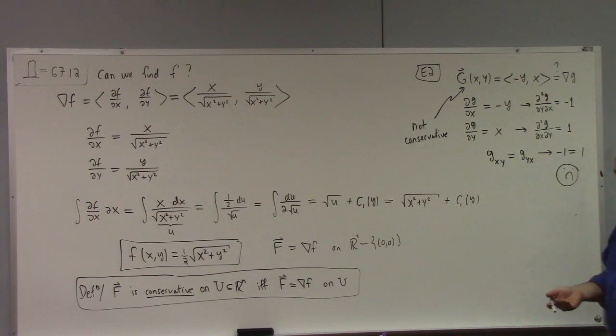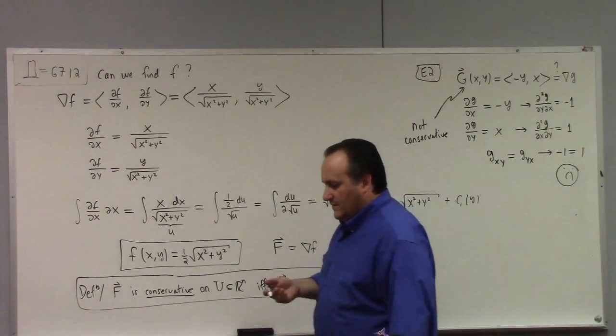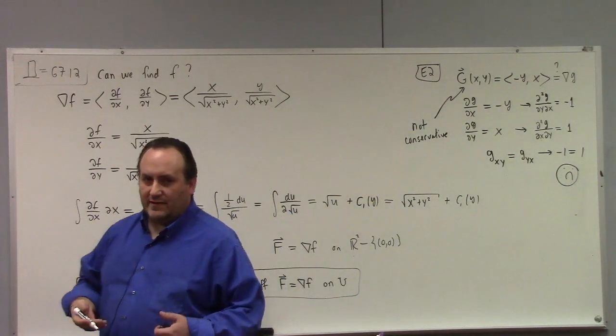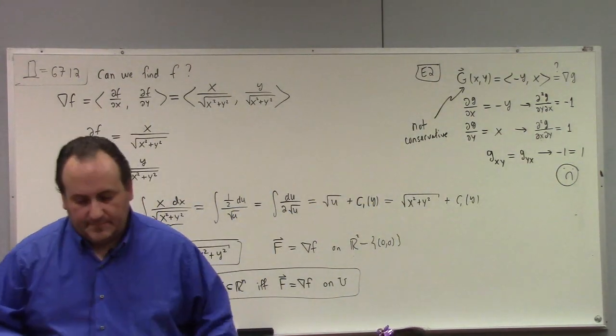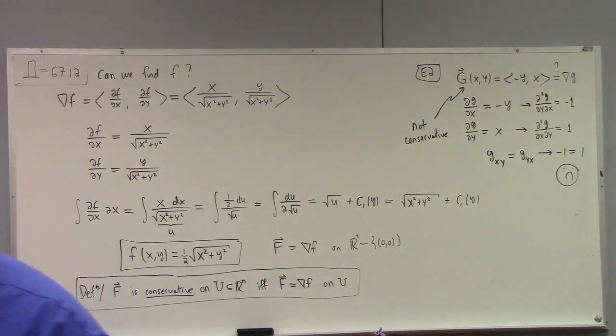The divergence of a vector field is a scalar field. It's a function. The divergence of a vector field is a function.